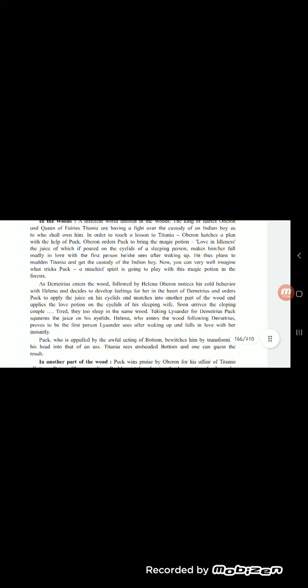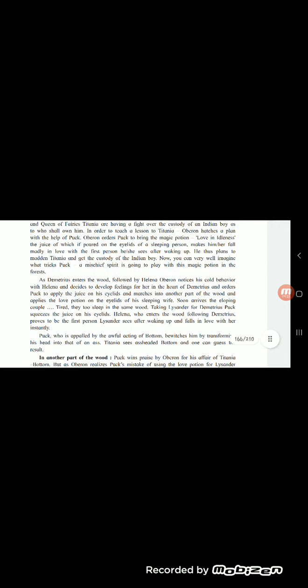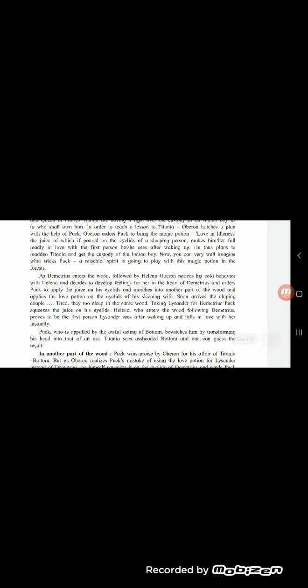This flower has one quality: if you squeeze the juice out of that flower and pour it on the eyelids of a sleeping person, it will make him or her fall madly in love with the first person he or she sees after waking up.